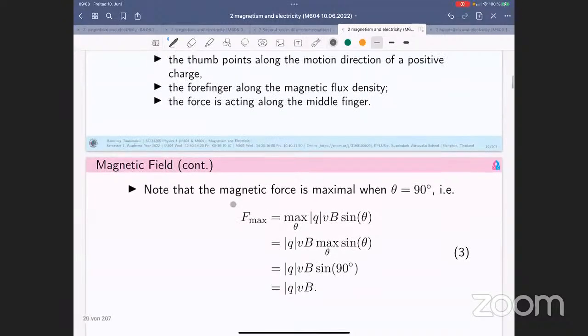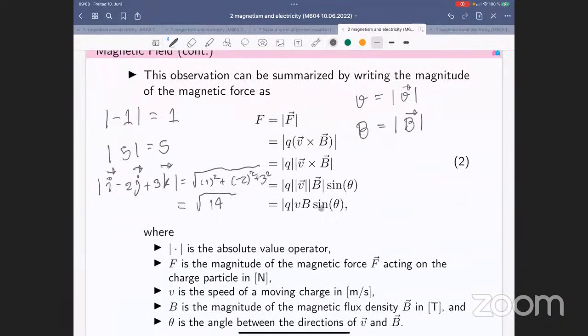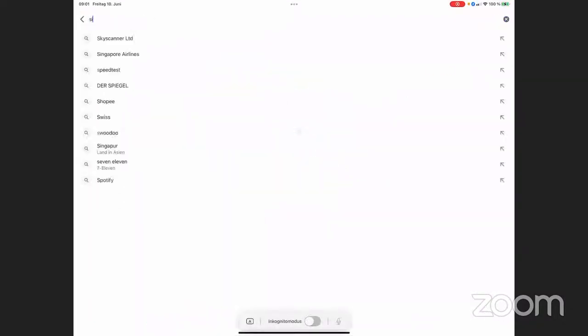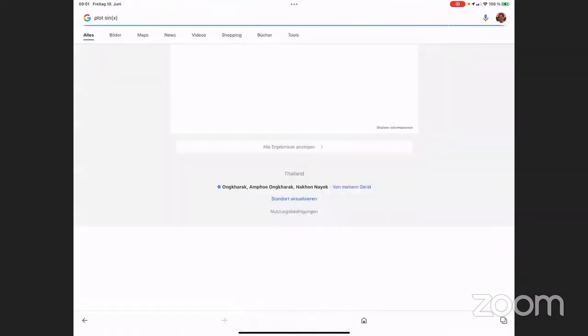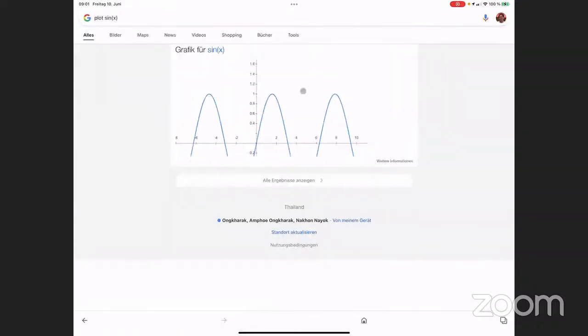And we will talk about the maximum value of the induced force, the magnitude, yeah. As you know, the sinusoidal function, I don't have it here, but I'm going to bring you to that plot of sine x right here.